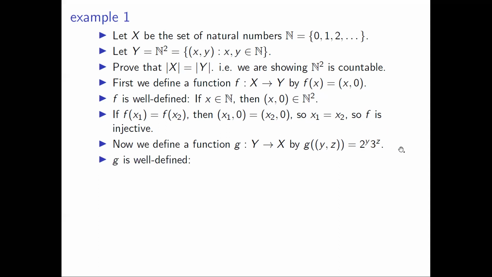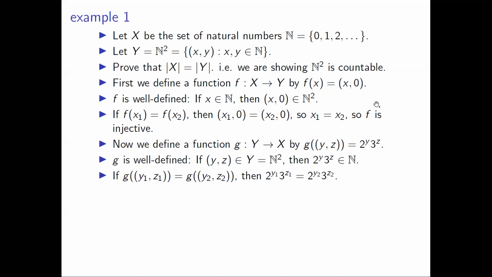First, we see it's well defined because if y and z are both natural numbers, in other words, if the ordered pair (y, z) is from our set y, then 2 to the y, 3 to the z is also going to be a natural number. And that means that 2 to the y, 3 to the z is an element of x. So our function is well defined going from y to x.